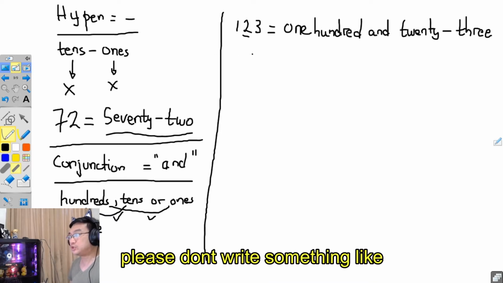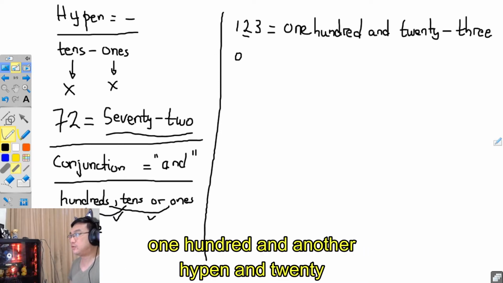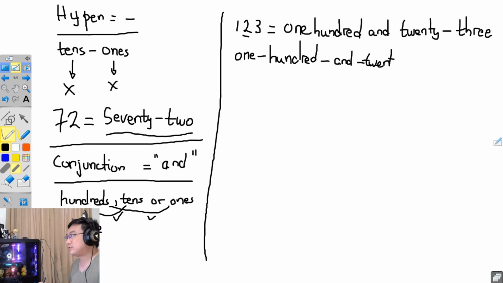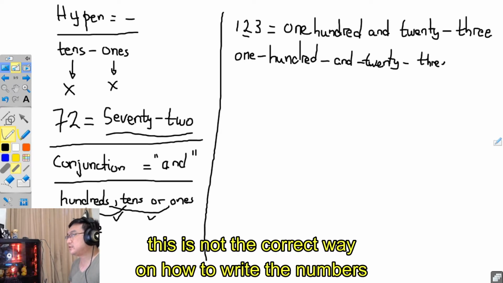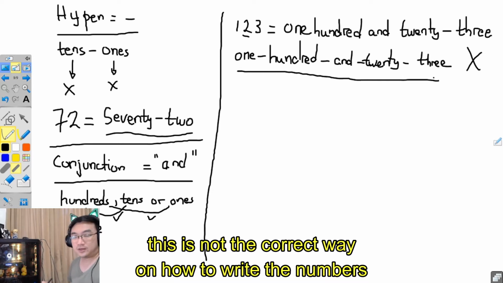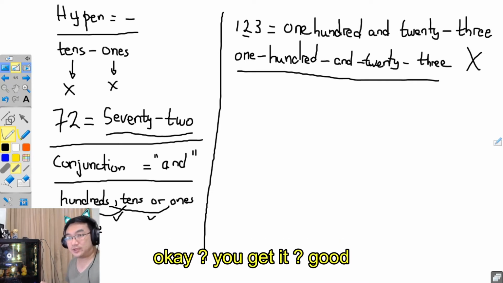Please don't write something like 100, then another hyphen, and 23. This is not the correct way to write the numbers. Okay, you get it? Good.